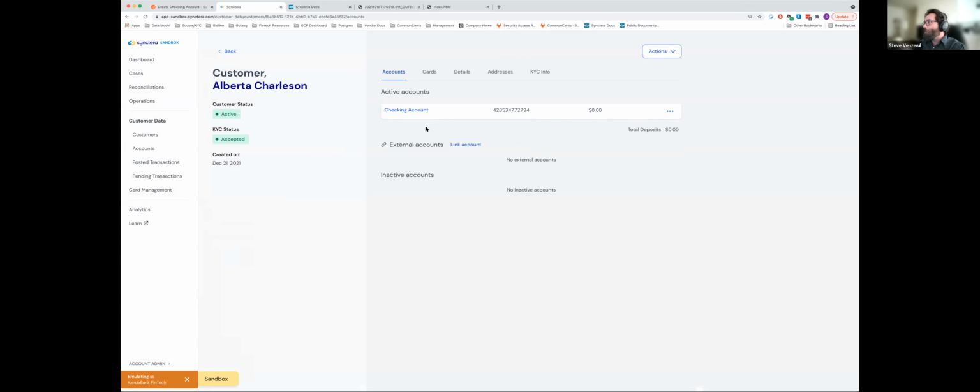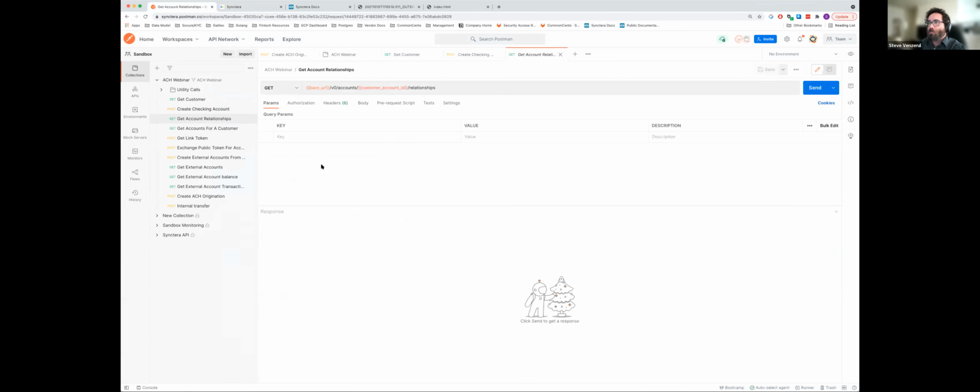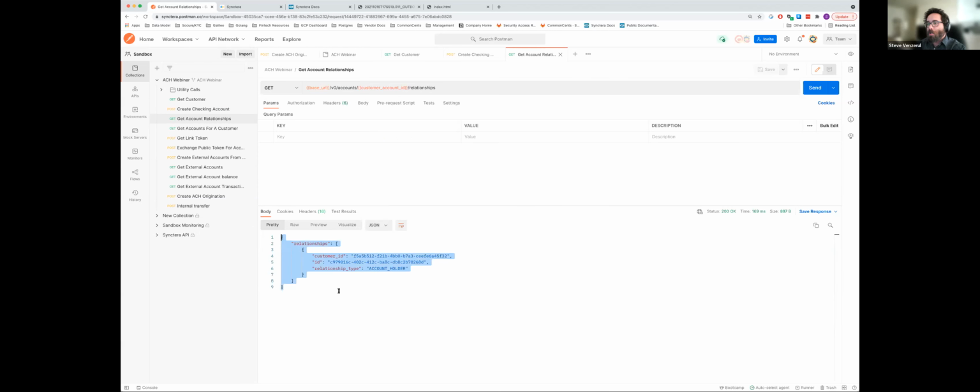The next step for Alberta to be able to fund her FinTech account would be to try and pull, for example, some funds out of a personal account in another bank. And this is where we're going to create the relationship between the checking account and Alberta.